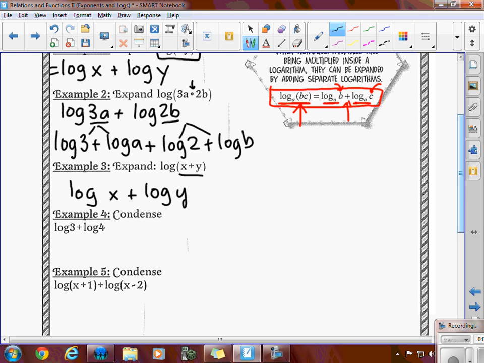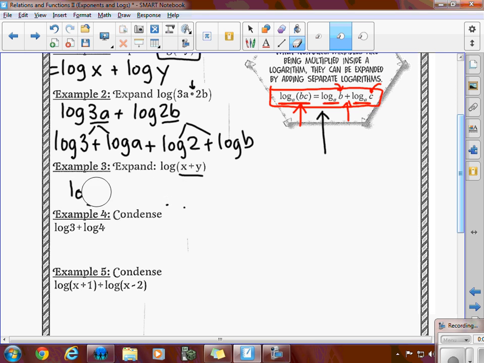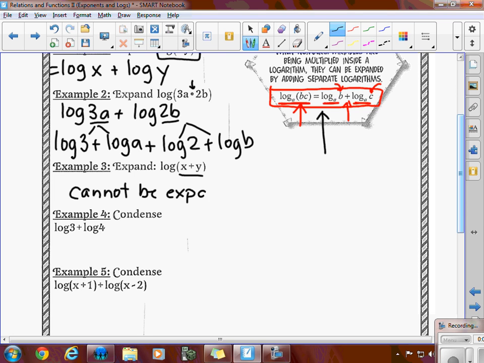But if you examine the law on your formula sheet or up here in the corner, you see the only time we can separate it into an addition of separate logs is if there's actually a multiplication happening within those brackets, and there isn't in this case. So here, to expand this, we would simply say cannot be expanded. It's a sum in the brackets for the stuff instead of a multiplication.